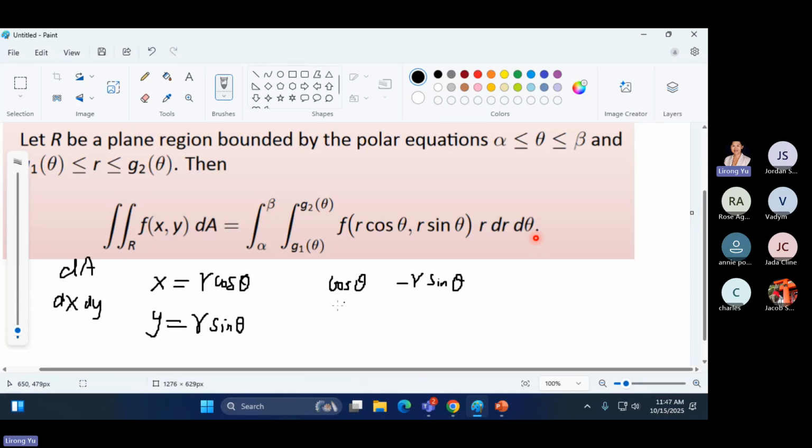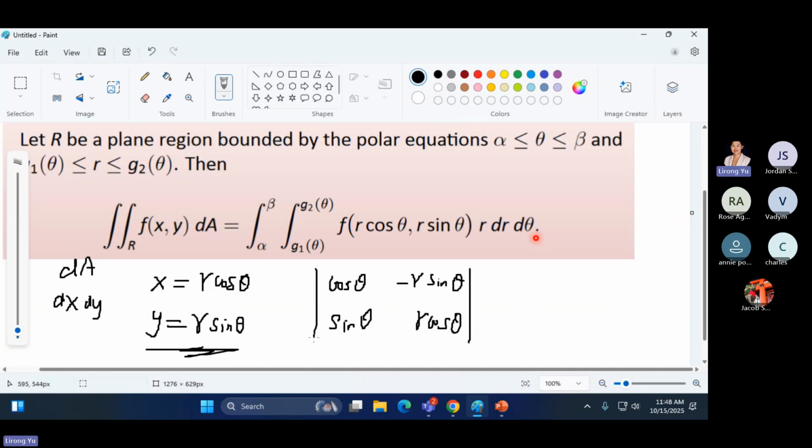So here I'm trying to determine dx dy. Now the derivative of y with respect to r is sine theta, and with respect to theta you have r cosine theta. So here is the matrix of their derivatives. This is the change of variable. If you want to find dA, you're going to find dx dy.